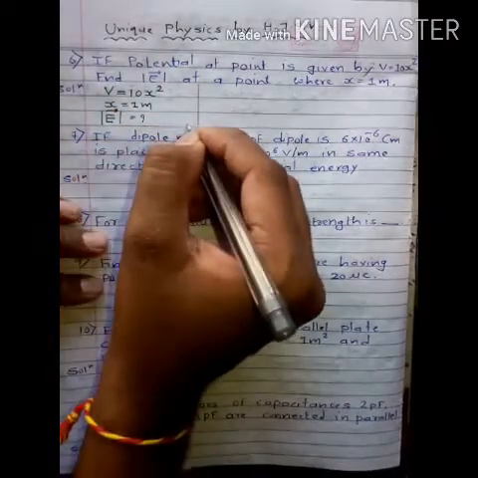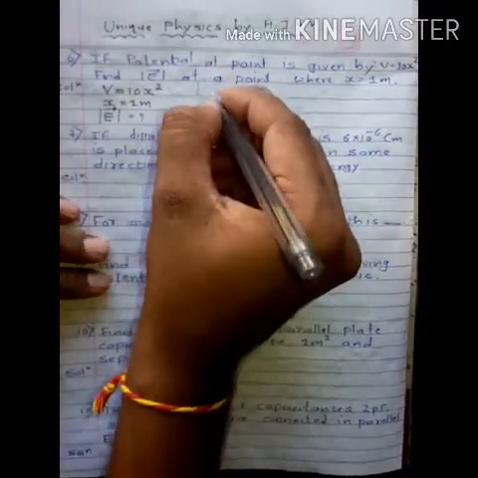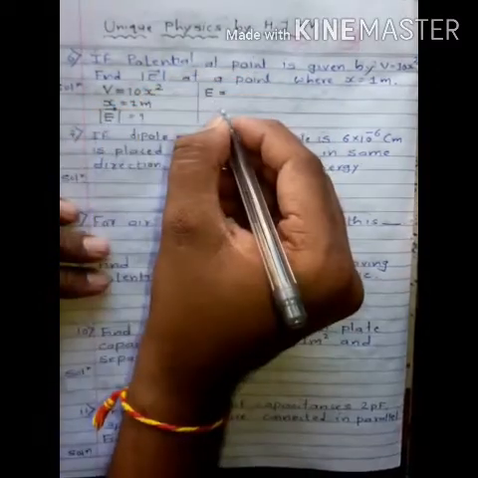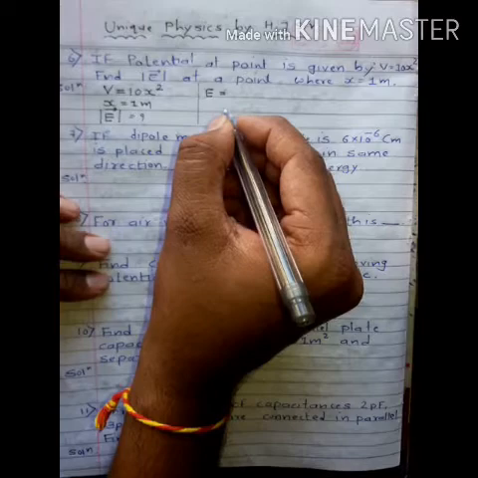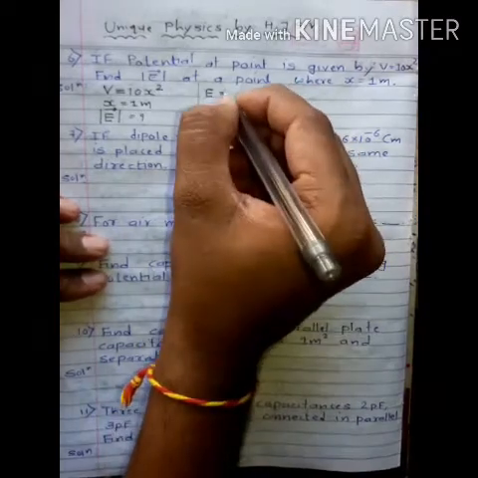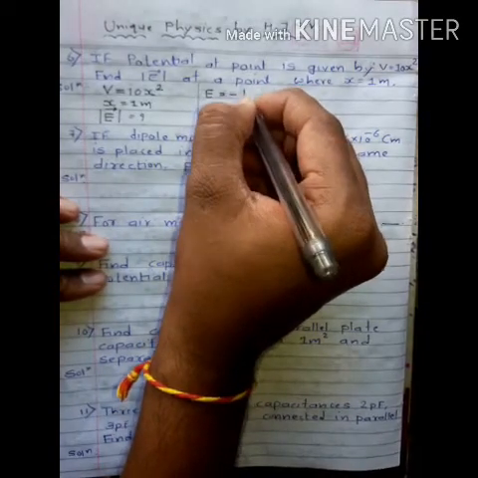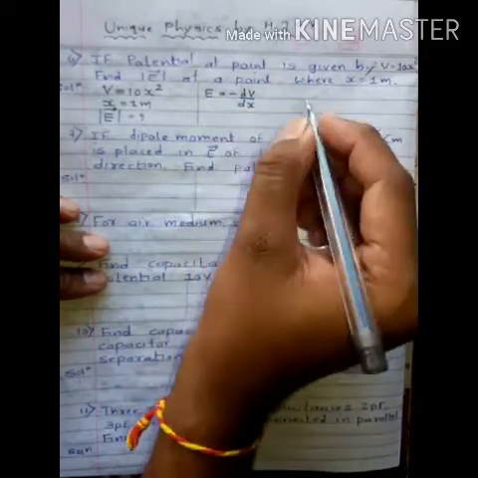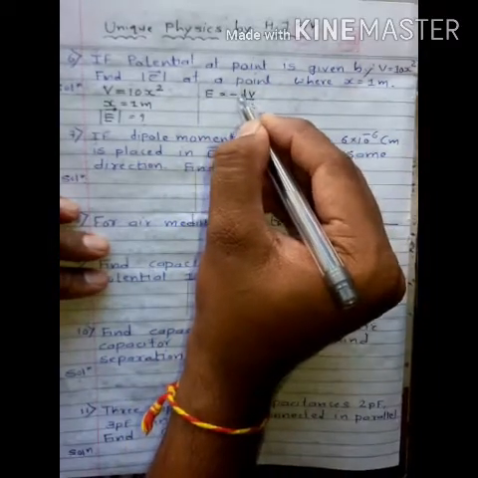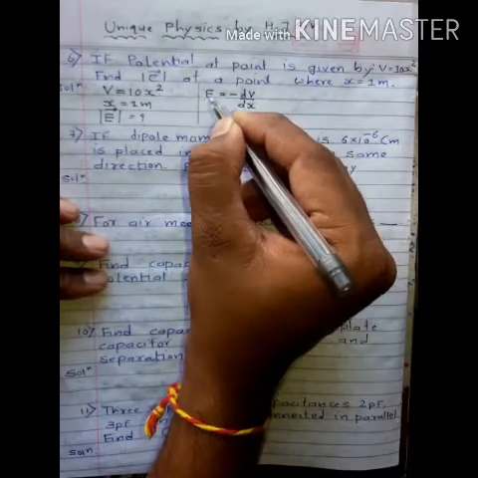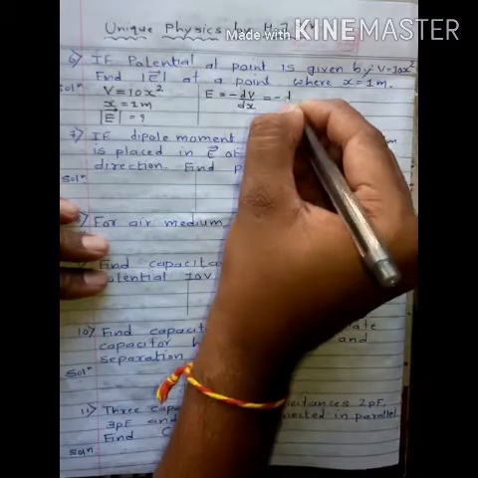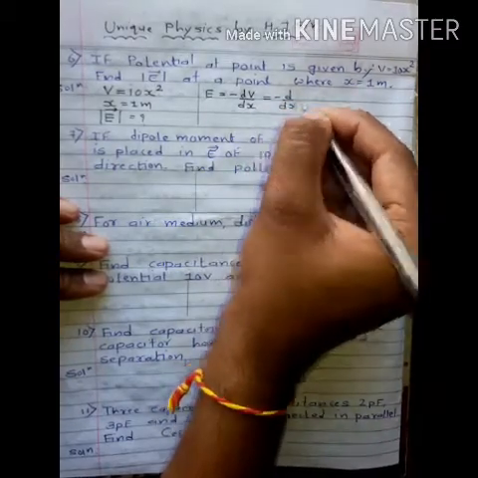Clear? Here we use the equation of electric field in terms of potential. This is an important result of the equipotential surface. E is equal to minus dV upon dx. Clear? The negative gradient of potential is known as electric field. Minus d upon dx as it is.